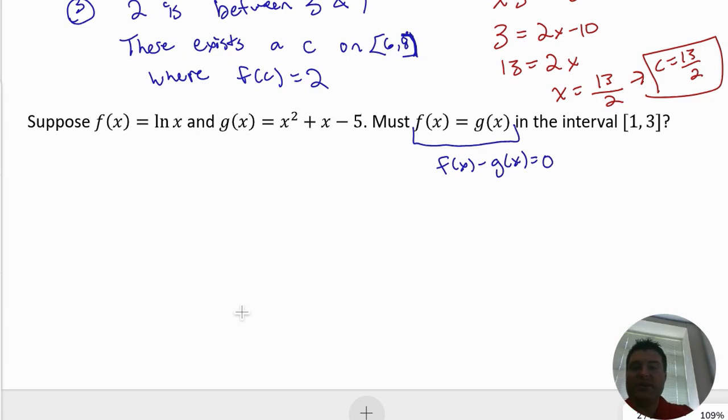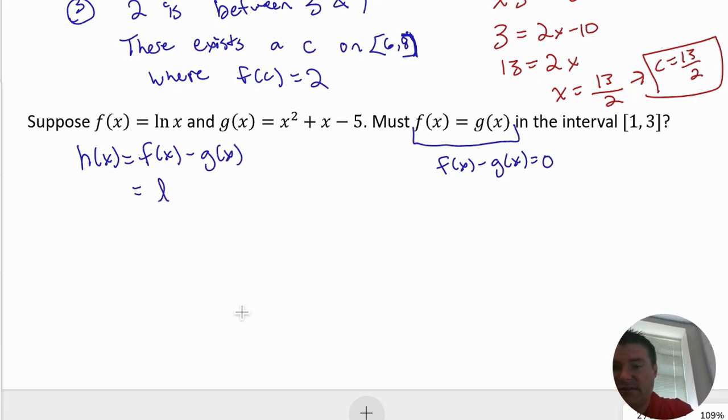So I'm going to teach you a little bit of a hack here. What if we just call h of x equal to f of x minus g of x? Even more simplistically, it's going to be ln of x minus, distribute that minus sign all the way through g, so we're going to get minus x squared minus x, change sign, plus 5. So that's what h of x is now, and then our k value is going to be 0.